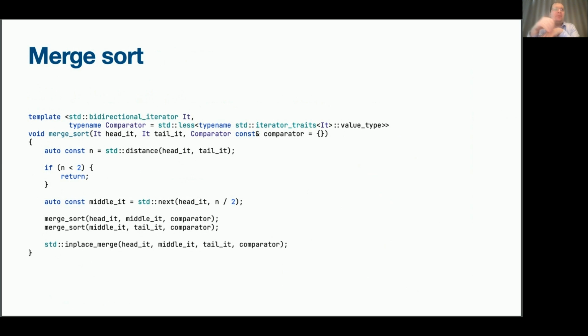Once we've gone down, we start merging, and we do it going up, actually having the order in our elements. Obviously, we need to do nothing if we have fewer than two elements. So if we have zero elements, our container is simply empty and we don't need to sort it.